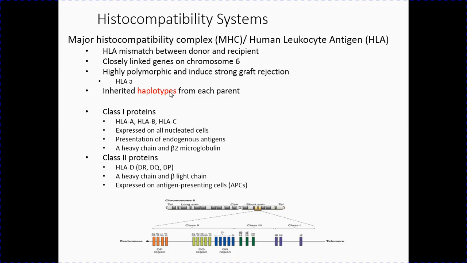That's in general. Antigens can either be from within the cell, and those are called endogenous antigens, things like viruses or even self-antigens. Or they can be from outside the cell, exogenous antigens, things like bacteria that can be brought into the cell for processing.